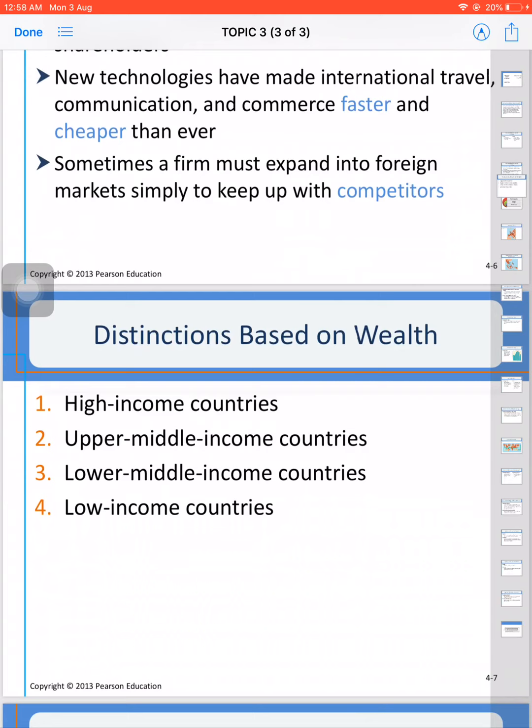Upper middle income countries are like us, Malaysia, as well as Sri Lanka, Maldives, and Turkey. Lower middle income countries are like Cambodia, Algeria, Bangladesh, and Egypt. Low income countries are, for example, Afghanistan, Kenya, Myanmar, and so on.